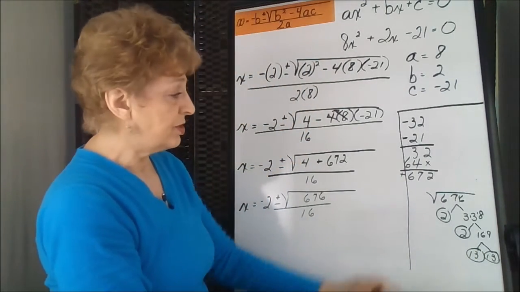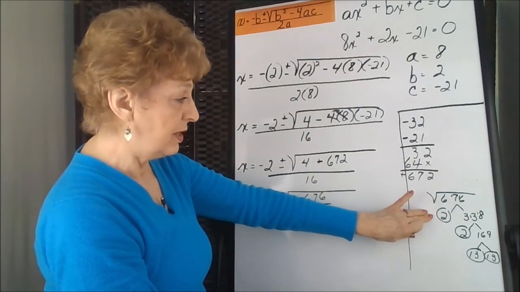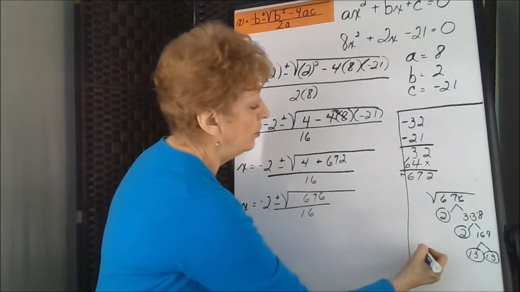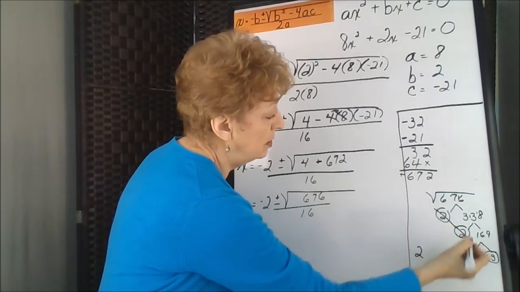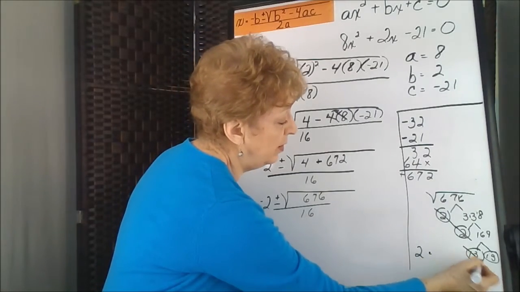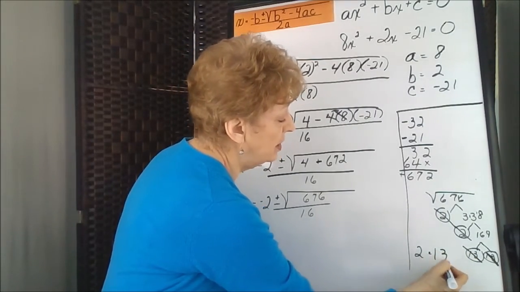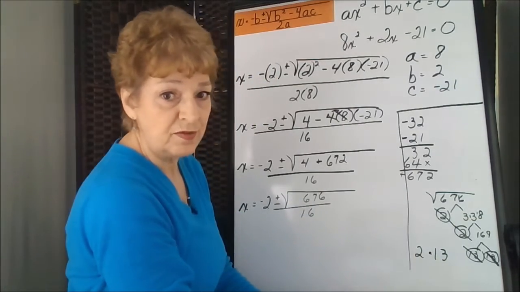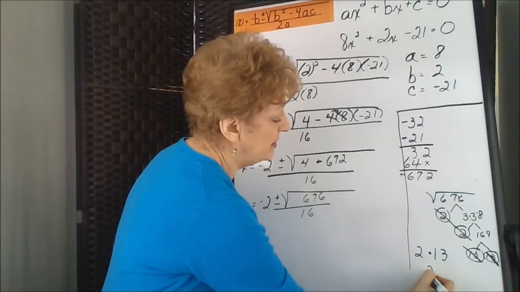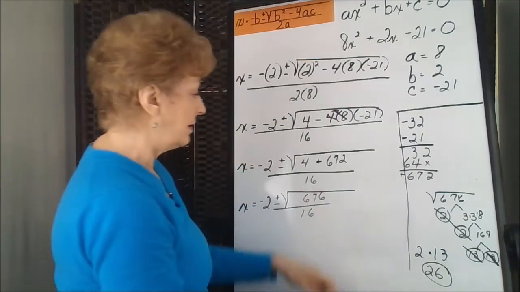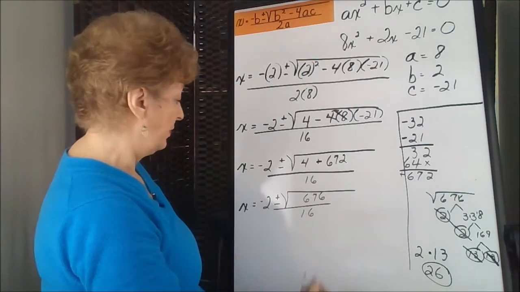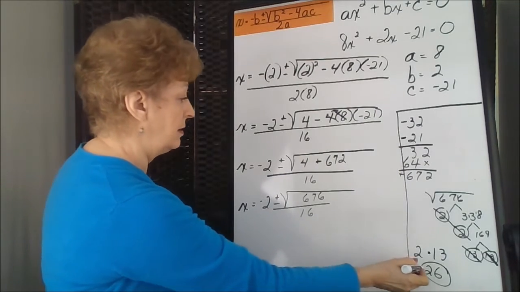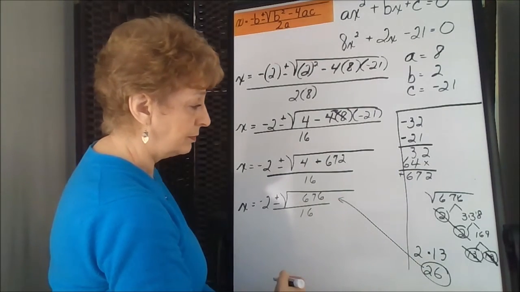So the factors now for the square root of 676 would be 2, and this pair of 13s, 1 comes out. So I now know that 2 times 13, because those are factors, is 26. That would be this top number. So I go back here. Again, now I can plug this in to this spot.